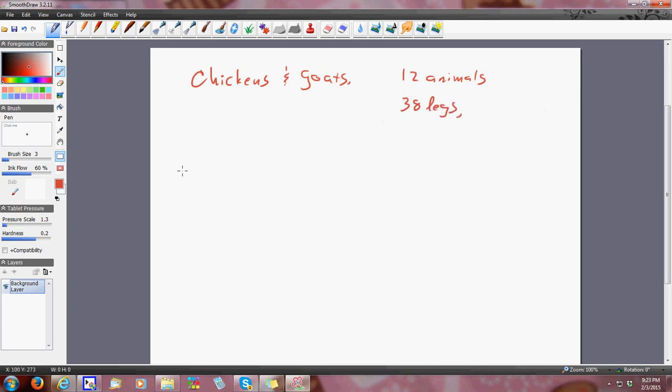So here's what you do. If you want to figure out how many goats and how many chickens you have, you say, alright, I'm going to look at the legs first. For every chicken, there's 2 legs. So I'm going to say 2 times the number of chickens. And for every goat, there's 4 legs. And I know that altogether I have 38 legs.